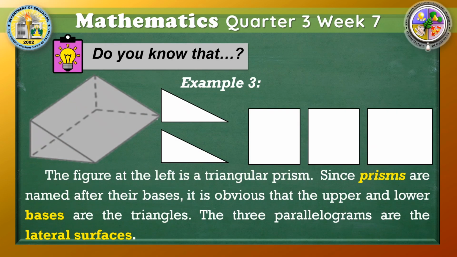The figure at the left is a triangular prism. Since prisms are named after their bases, it is obvious that the upper and lower bases are the triangles. The 3 parallelograms are the lateral surfaces.